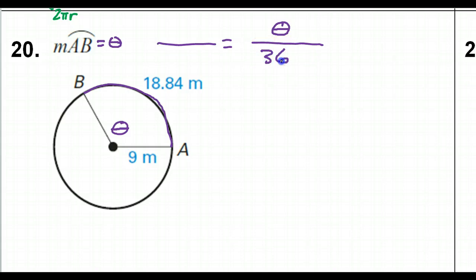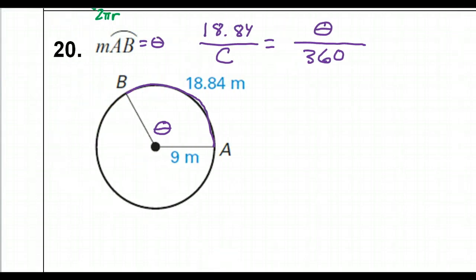Of course, when we're doing degrees, the total is always 360. 18.84, that is the partial length of the circle. The whole length of the circle is the circumference. So we need to find that circumference. Off to the side someplace, I'm going to calculate the circumference.